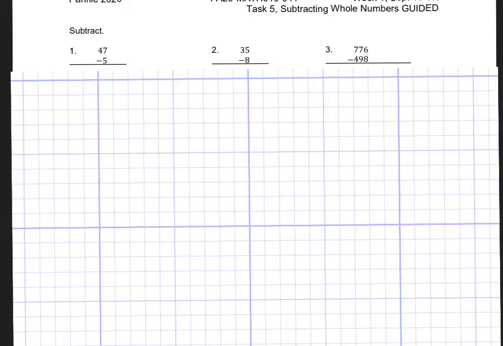Order matters here. So I did write these vertically, and the first number, if you see it horizontally, or the top number, if you see it vertically, that is how much money you have. That is what you have in your pocket, how much you're starting with. The bottom number or the second number, that's somebody, your kid, your husband, your wife, your partner.